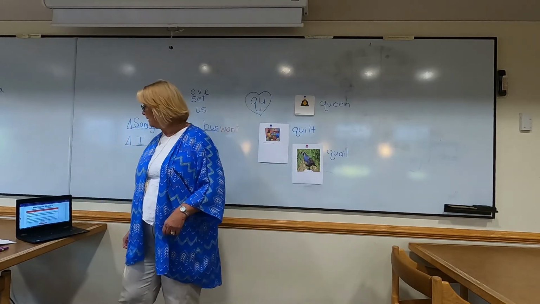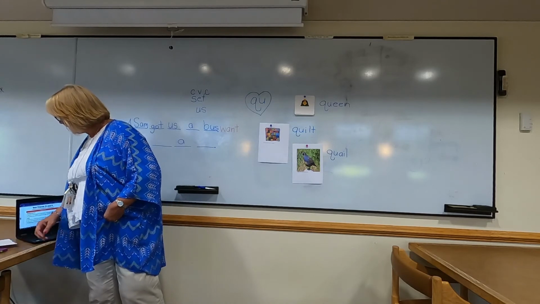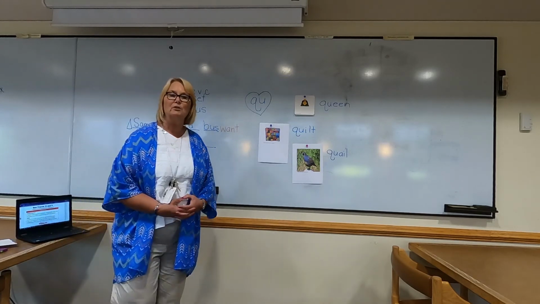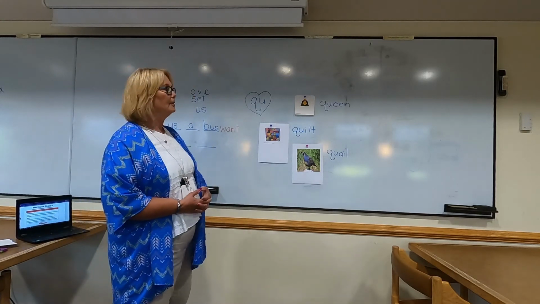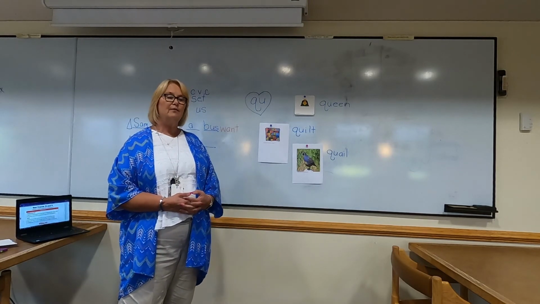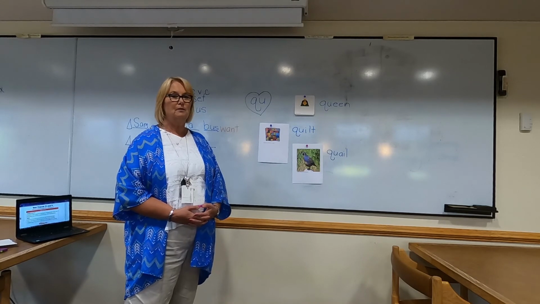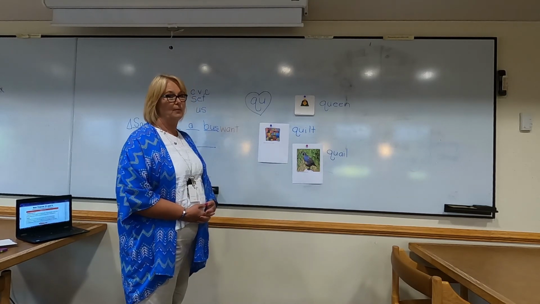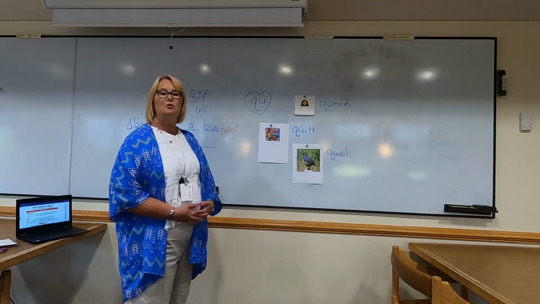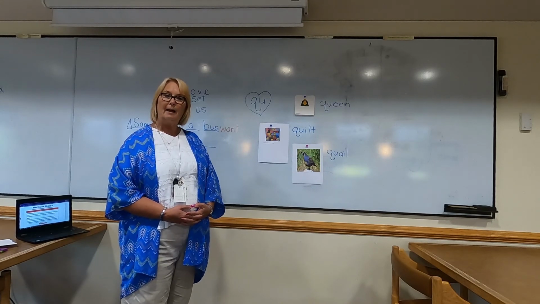But there's also another story called Are You a Quitter? That you might want to read. It's very short and very quick, and it has a lot of Q words as well, qua words as well, excuse me. So you have your assignment. Happy reading.